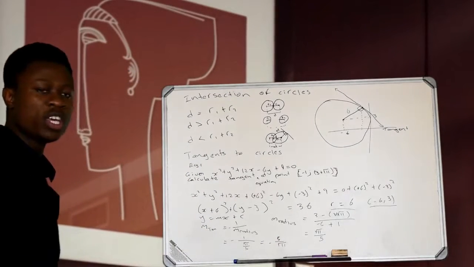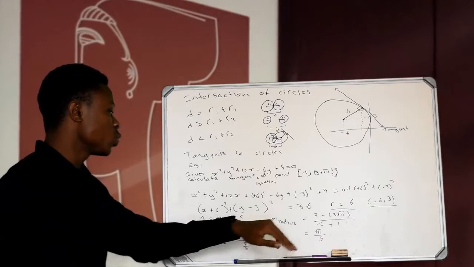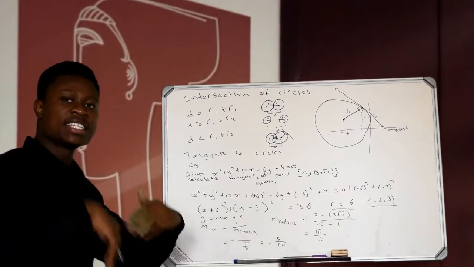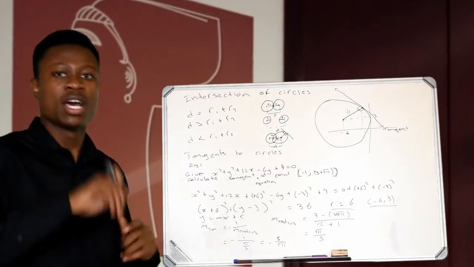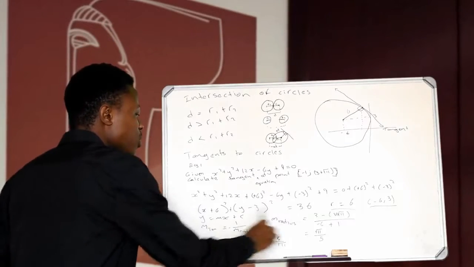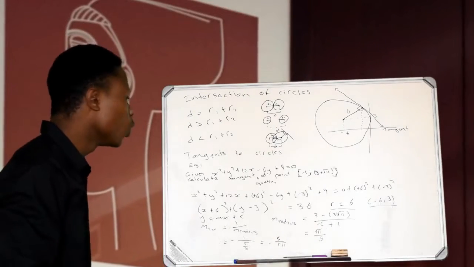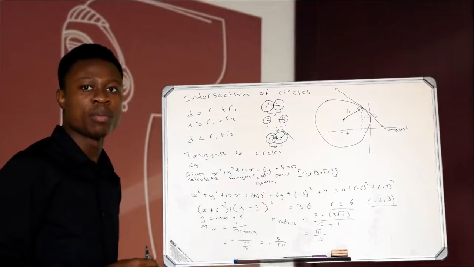Look at the difference between these two. This one is negative and it's inverted. If you want to check that these two are in fact perpendicular, multiply these two together, and they will give you negative 1. Try it out on your own to see that I'm not telling you some nonsense.